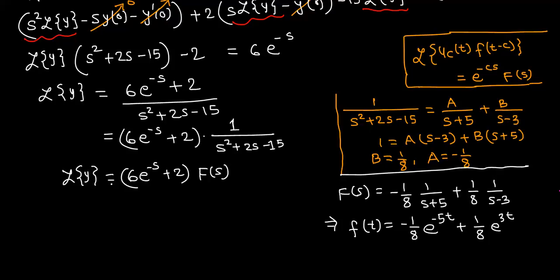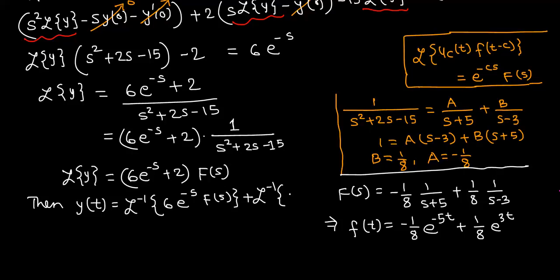Back here, take the inverse Laplace of both sides. Then y is the inverse Laplace of 6e^(-s)F(s) plus the inverse Laplace of 2F(s). The 6 can be pulled all the way to the front.